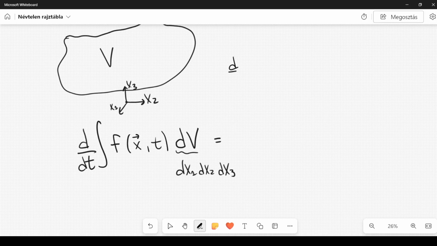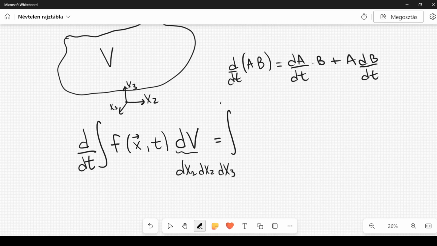For example, the derivative of a product a times b would be the derivative of a with respect to time times b plus a times the derivative of b with respect to time. And we can do something similar here. So we have the summation, so the integral in this case, of the derivative with respect to time of our variables, which are the function, but also the differential of the volume dV. It also depends on time.